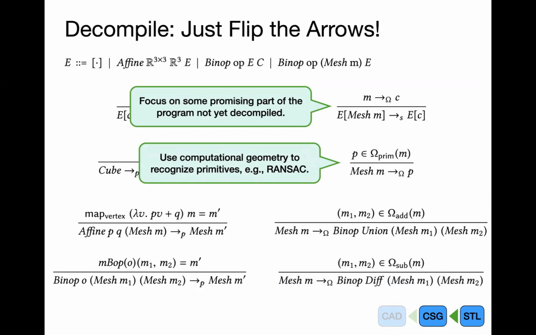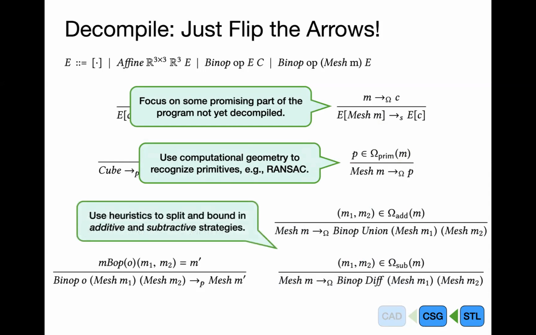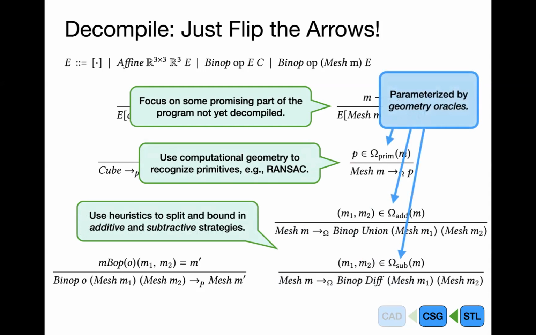There are computational geometry algorithms for doing things like this, or statistical techniques like RANSAC that are useful in computational geometry. We also need some heuristics for the binary operators, but we can parameterize all these by geometry oracles that help guide that search. So in practice, this works pretty well. We'll see some examples here in a second, but there are a lot of challenges.